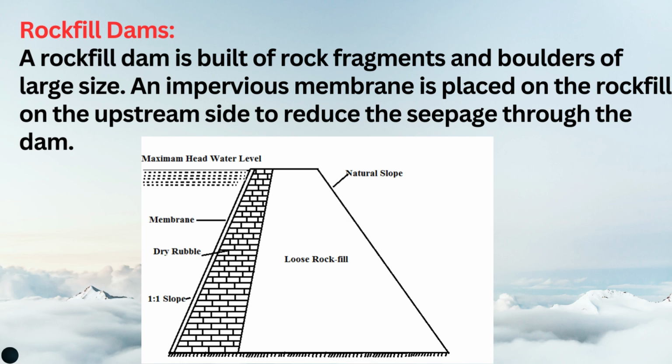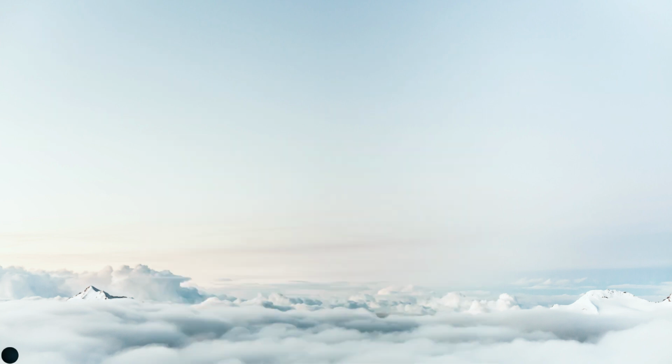A rockfill dam is built up of rock fragments and boulders of large size. An impervious membrane is placed on the rockfill on the upstream side to reduce the seepage through the dam. This kind of dam is basically designed to reduce seepage.